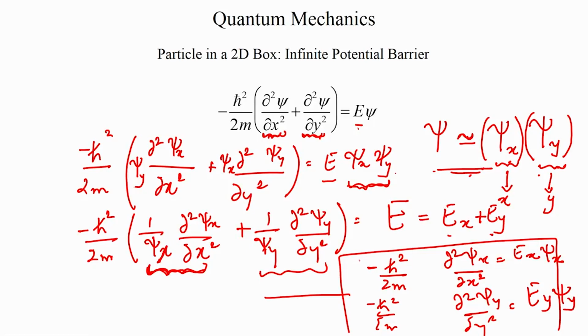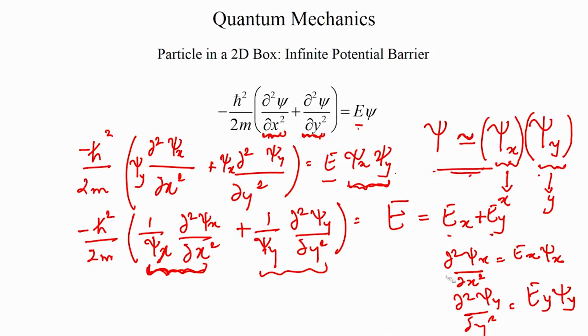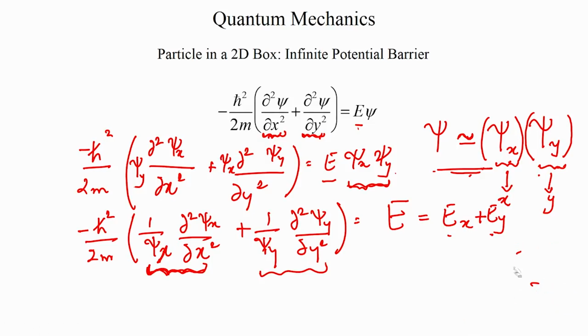Now, these two are your very familiar set of equations which you saw for the particle in a 1D box. And therefore, you can solve these two Schrodinger's equations independently. So my psi x has a wave function very similar to what you saw before.